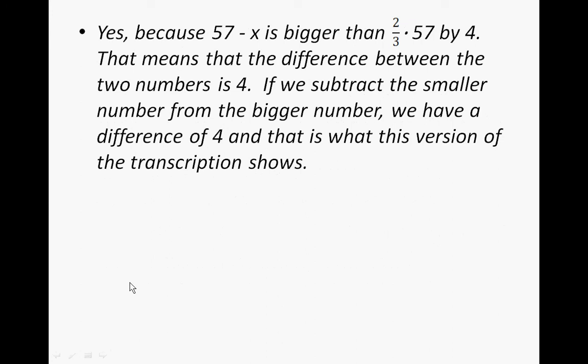Well, the answer is correct, yes, because 57 minus x is bigger than 2/3 of 57 by 4. So that means the difference between the two numbers is 4. If we subtract the smaller number from the bigger number, we have a difference of 4, and that is what this version of the transcription shows. So you can write it in that format also.